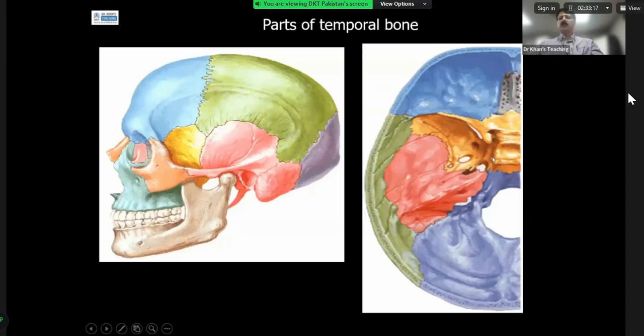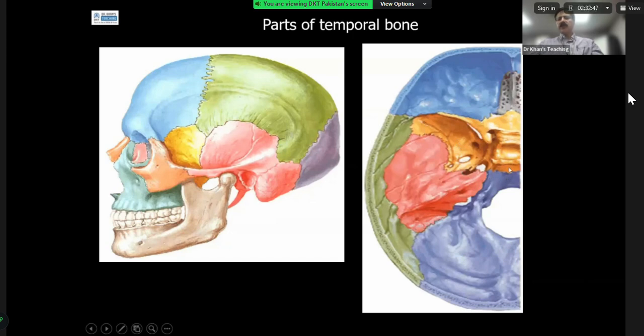The basisphenoid is part of the midline sphenoid bone, and the pituitary fossa, the sella, the anterior and posterior clinoid processes, the sphenoid sinus, etc., are within this part of the sphenoid bone. We'll cover it next time. This is the lesser wing of the sphenoid, and this is the greater wing. Again, we'll cover it next time. We are more interested here.